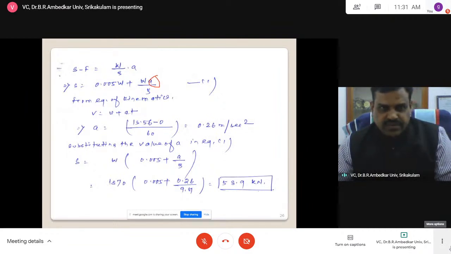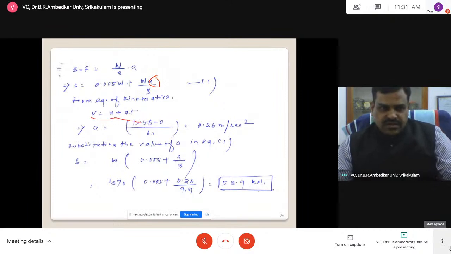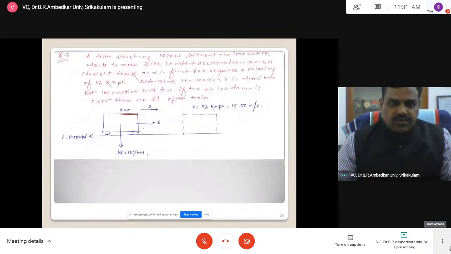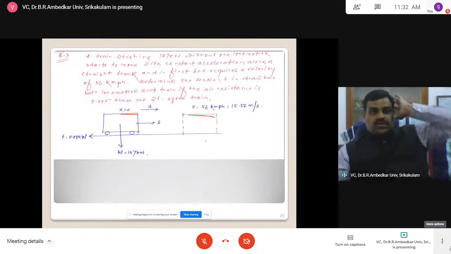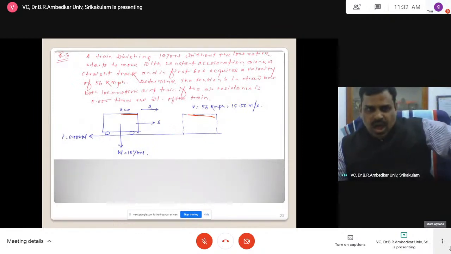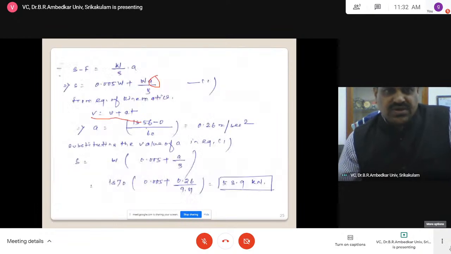Here another data is given, we have to find out this value. V is equal to u plus at. The data is given: u, v is given. Time is given, 60 seconds.